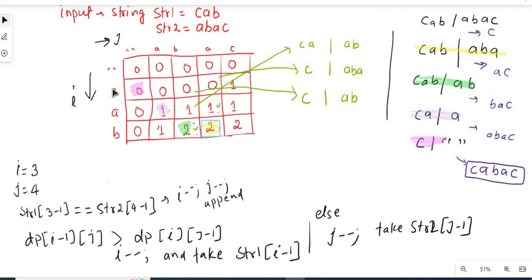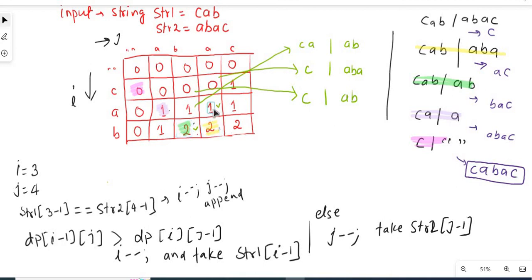We have CAB and then ABA. I have made a color notation of it. So this is the execution. Now we check whether B is equal to A. It is not equal. Then we check dp of i minus 1 or j minus 1, which one is greater. j minus 1 would be this part, and i minus 1 would be this.